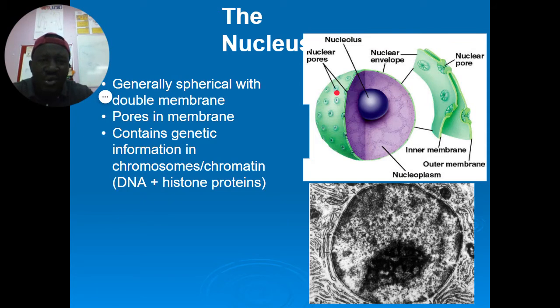You understand the importance of nuclear pores when you talk about protein synthesis in chapter 2. Then we have the nuclear envelope. It has an inner membrane and an outer membrane. So the nucleus is a double membrane organelle, which is a distinguishing feature.